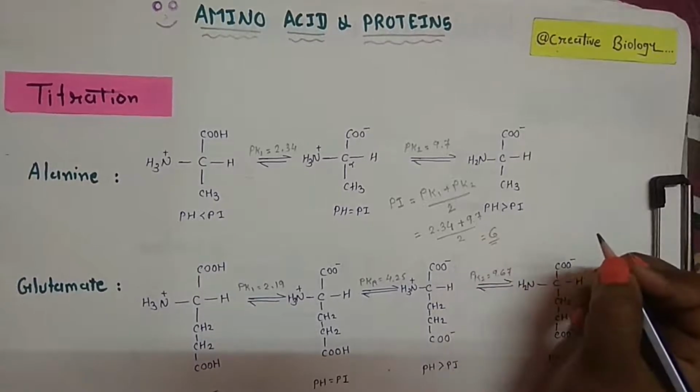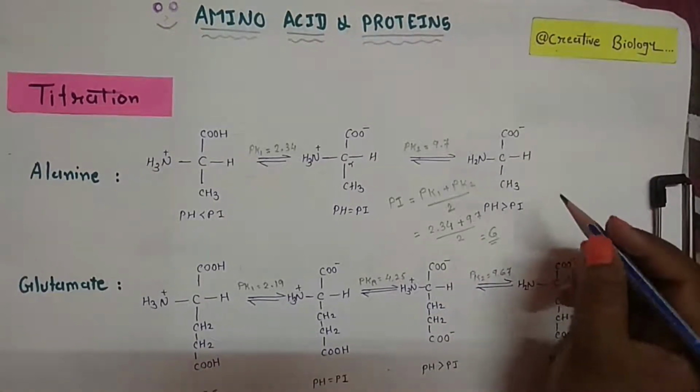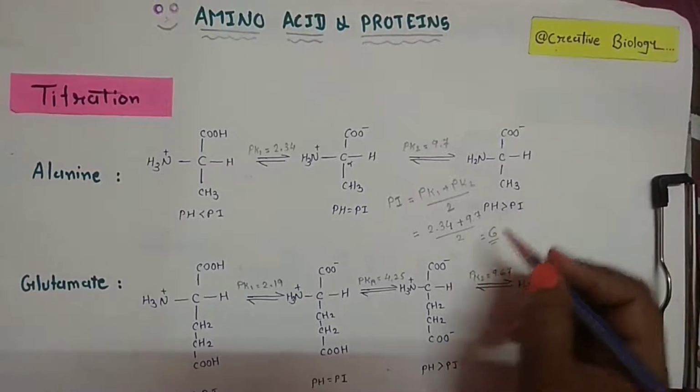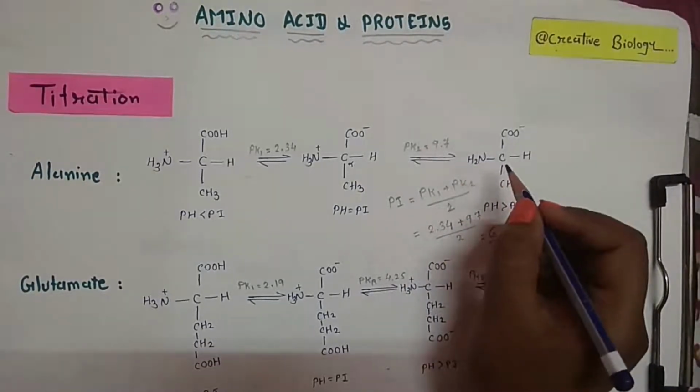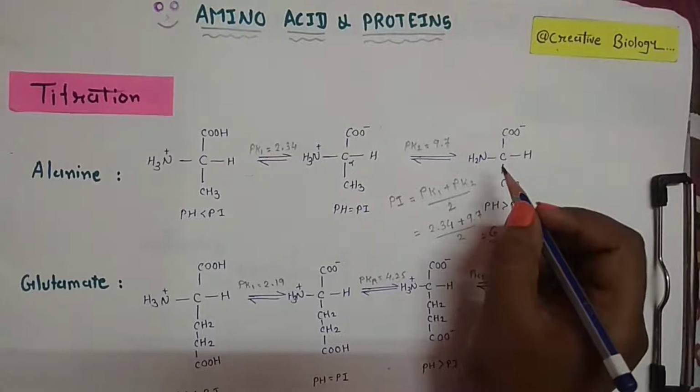So it's as simple as you can see here, the pI value is easily calculated using this equation for a non-polar amino acid.